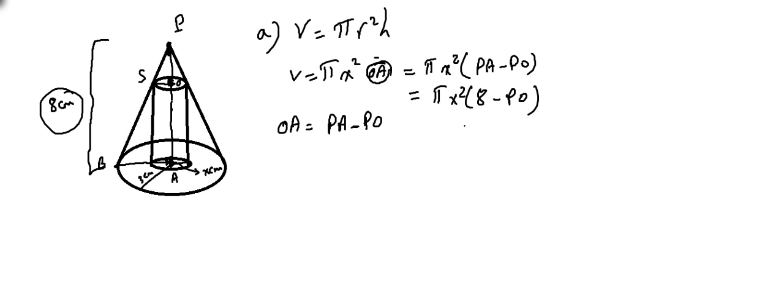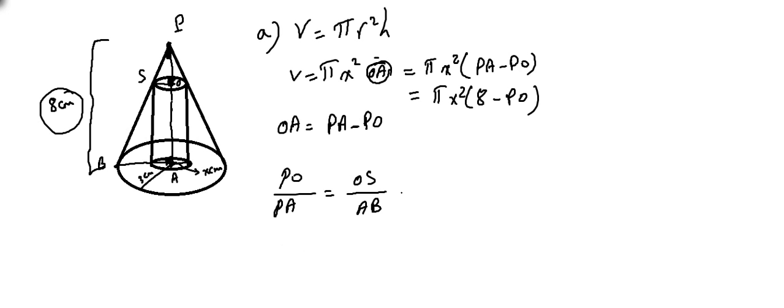I still need PO. Taking triangles POS, right-angled at O, and PAB, right-angled at A, with a common angle between them, these two triangles are similar. The ratio of similarity is PO over PA equals OS over AB.